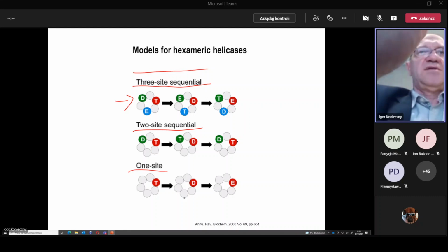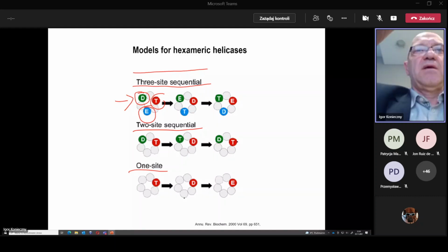Okay, this one is just empty. This is the ATP and ADP interacting subunits, okay? And within time, you will see what happens.